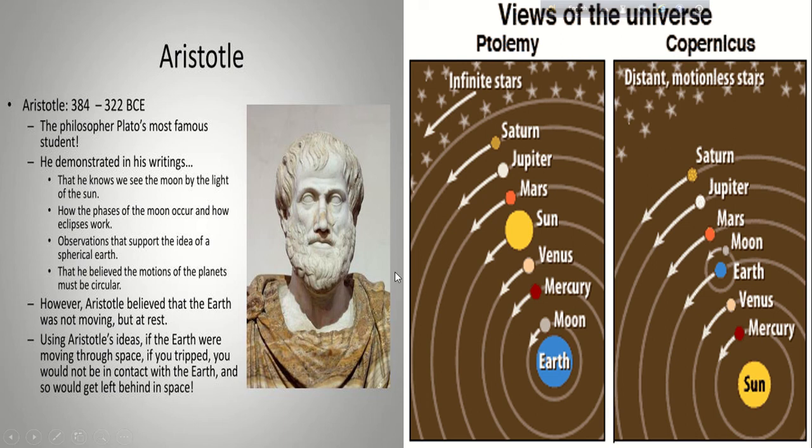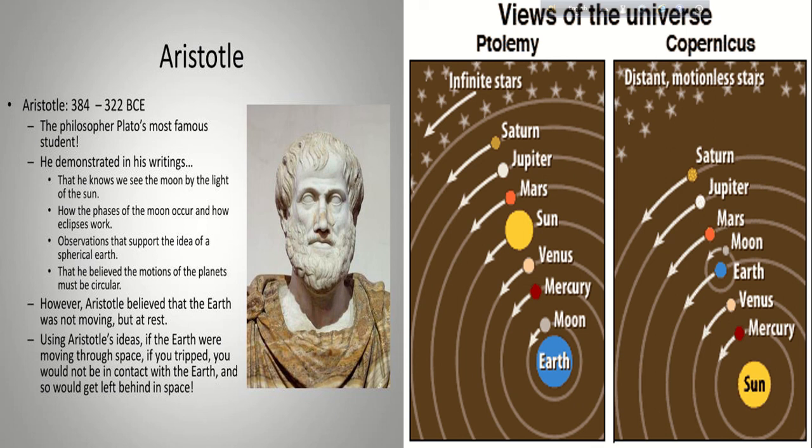So, about the history of Aristotle, just look here, who was a philosopher and Plato's most famous student. He tried to demonstrate in his writings four major items: that we see the moon by the light of the sun, how the phases of the moon occur and how eclipses work, observations that support the idea of a spherical earth, and that the motions of the planets must be circular.